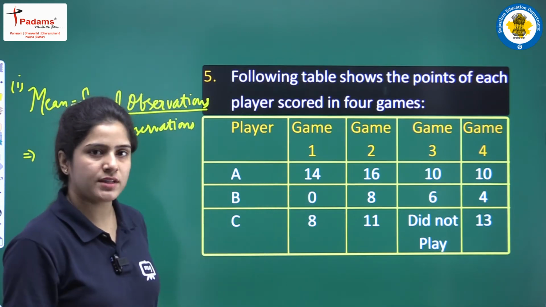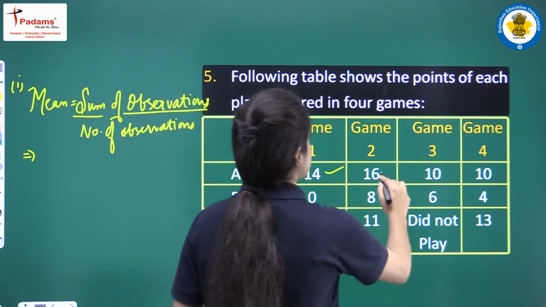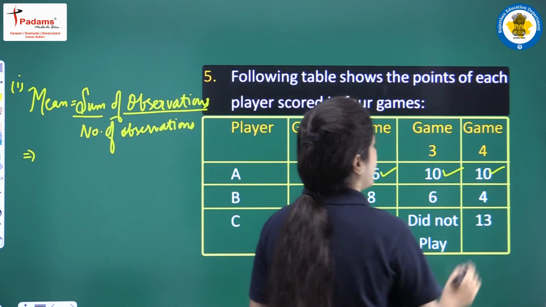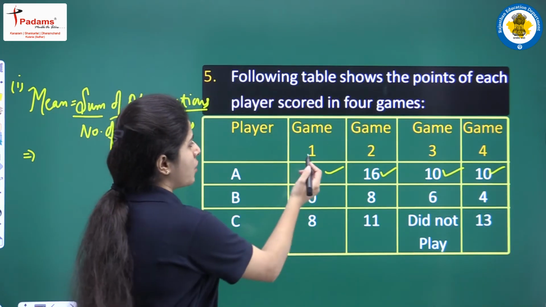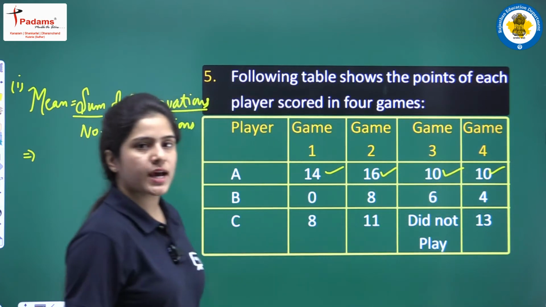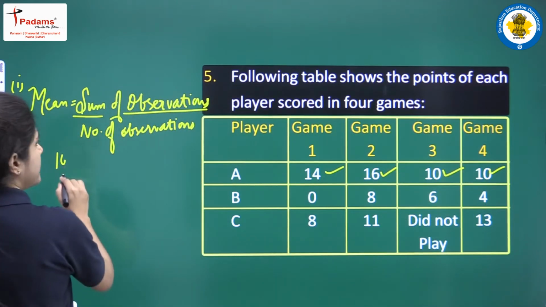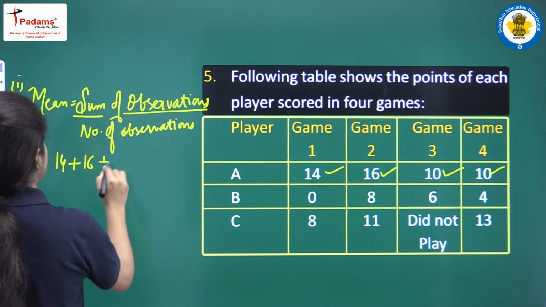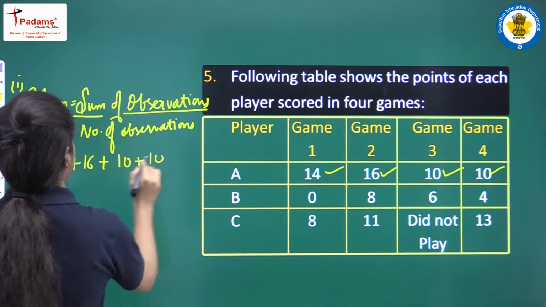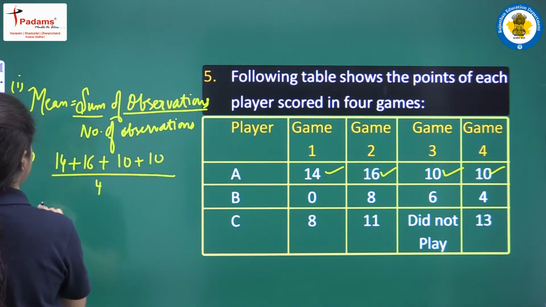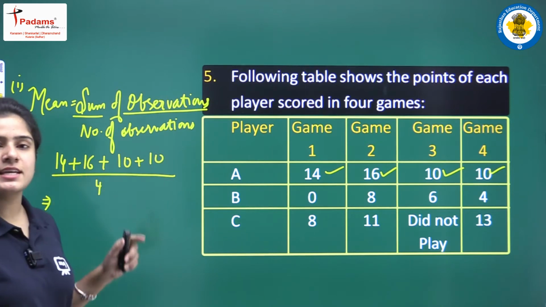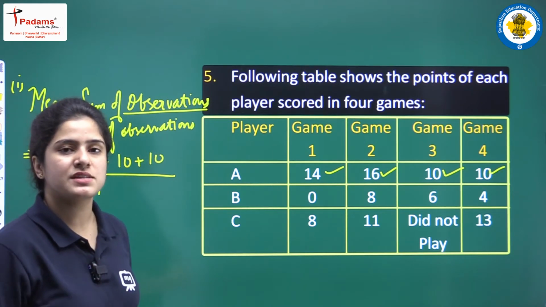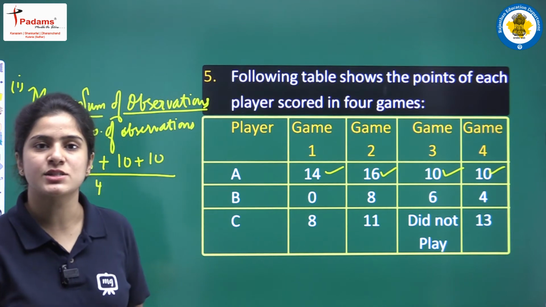So what is the average score of A? That is 14 plus 16 plus 10 plus 10. And the number of observations, 1, 2, 3 and 4, 4 games, right? So 14 plus 16 plus 10 plus 10 upon 4. Alright students? 14 plus 16 is equal to 30, 30 plus 10 is equal to 40 and 40 plus 10 is equal to 50.